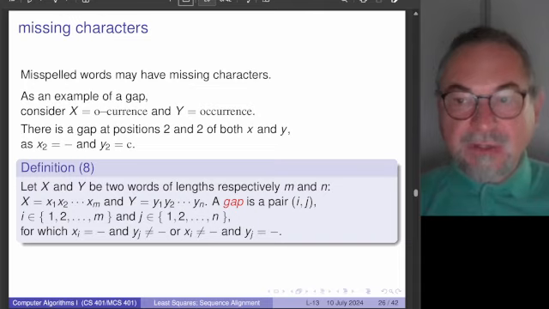So introducing gaps is useful for aligning words where some characters are missed.